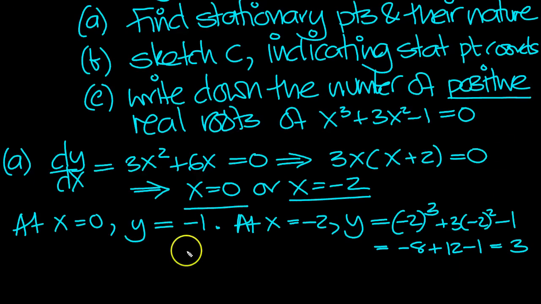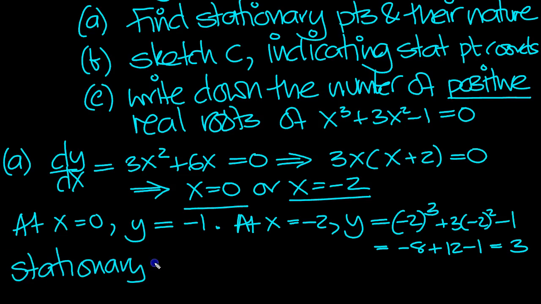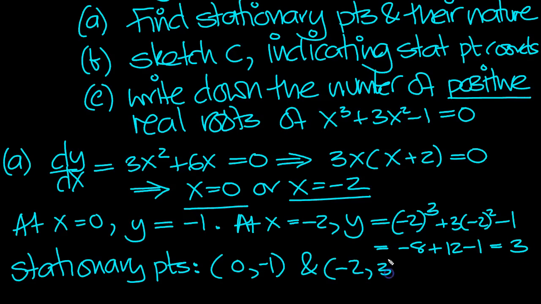Okay, so there's the two stationary points. The first one is at 0 and minus 1. And the second one is at minus 2 and the y value is 3.